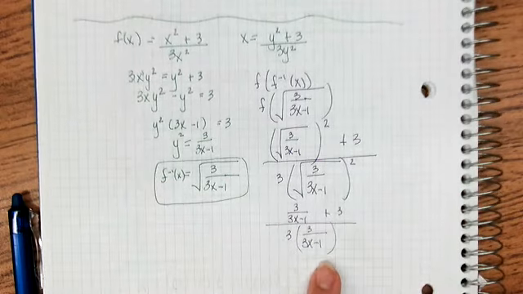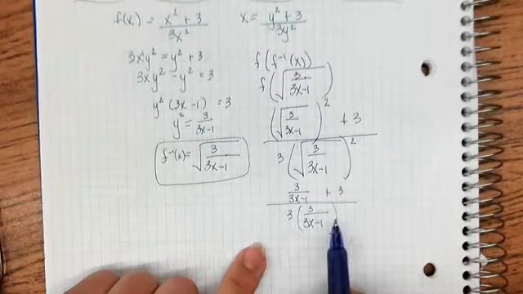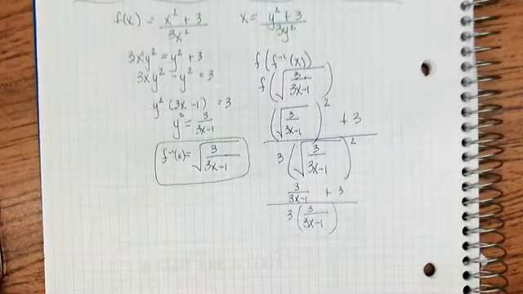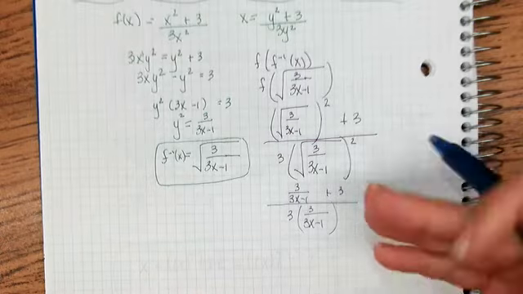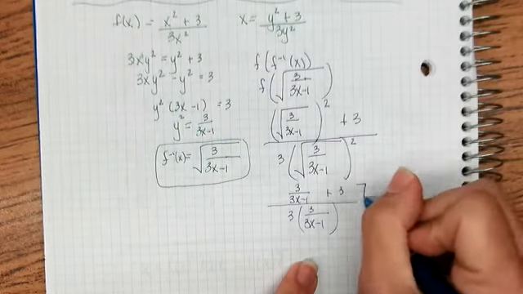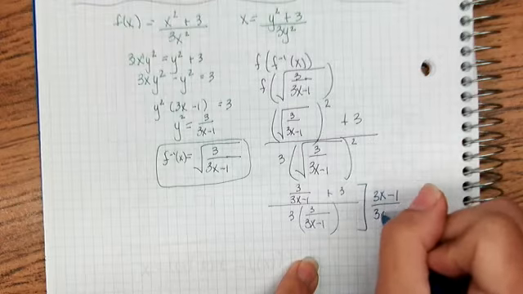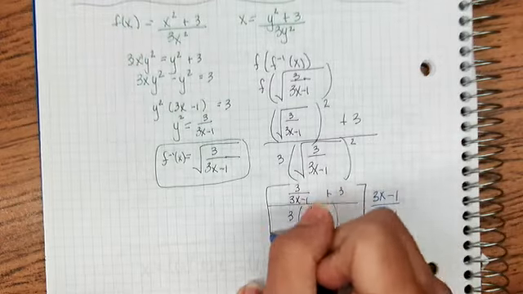Because my denominator is a monomial, I might just multiply by the reciprocal. We'll see. Actually, I'm going to just multiply by 3x minus 1. If you want to multiply by the reciprocal, go ahead. I'm not a huge fan of that. I'm going to multiply by 3x minus 1 over 3x minus 1.